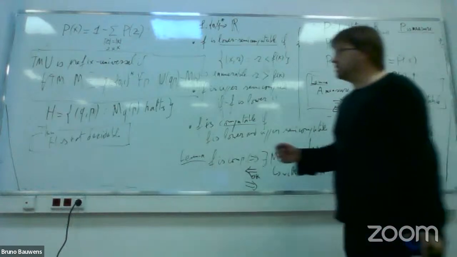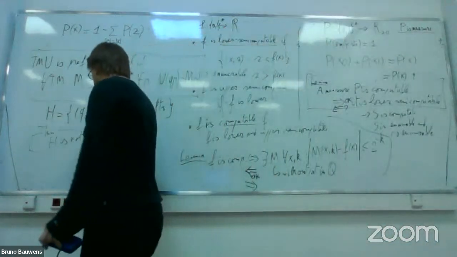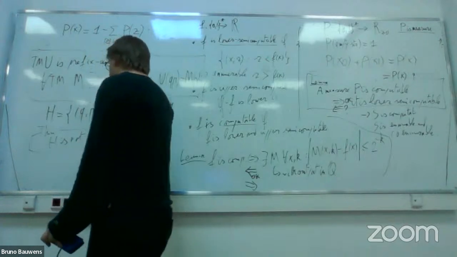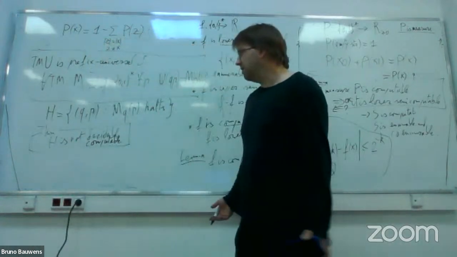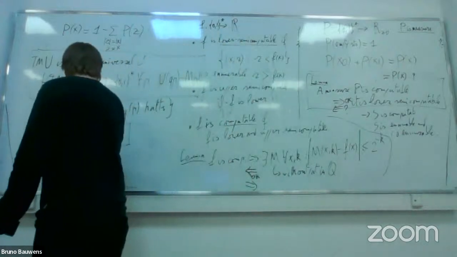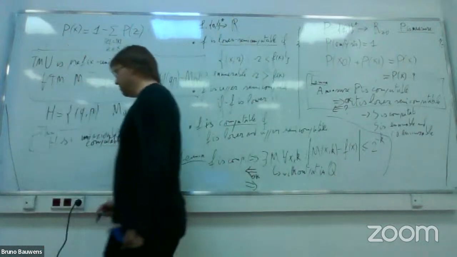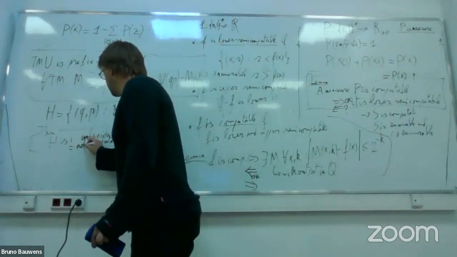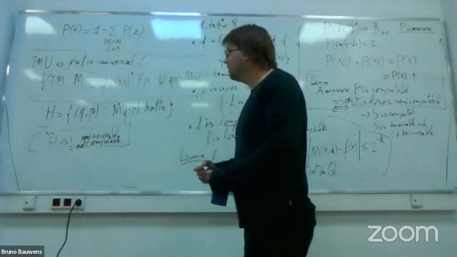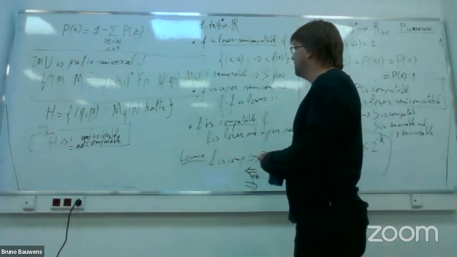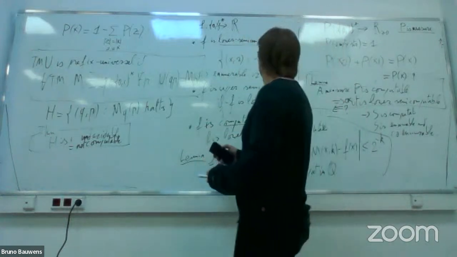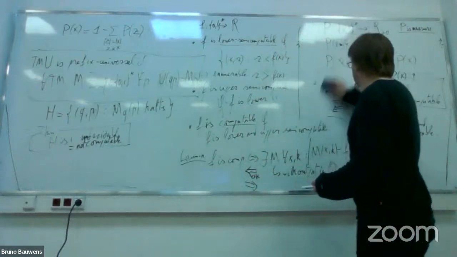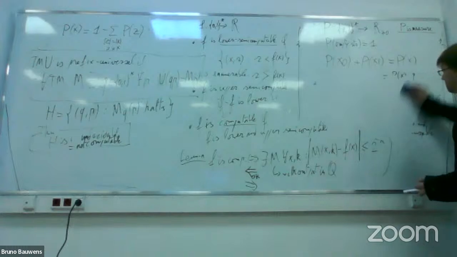So H is not computable. Undecidable is equal to not computable. Okay, so let us write down the proof.